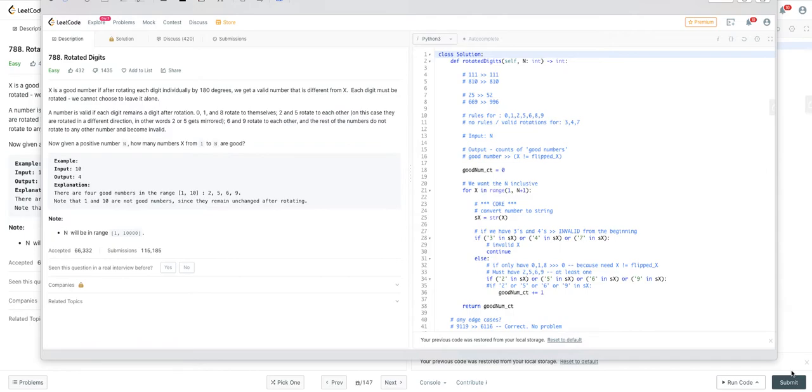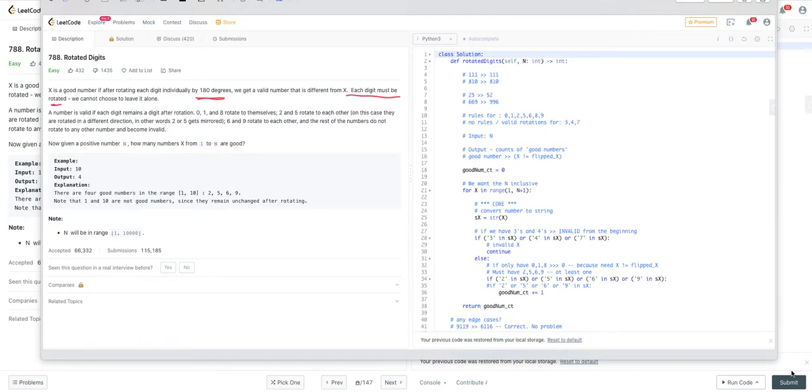Basically, there's this idea of flipping 180. Keep in mind that they're talking about each digit. So each digit must be rotated. So those are the two very first things I want to start with.